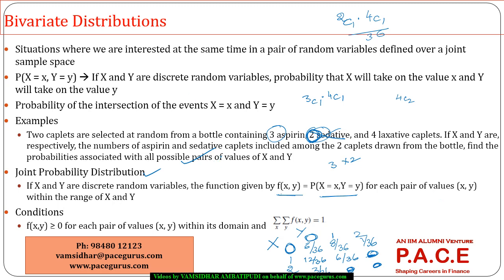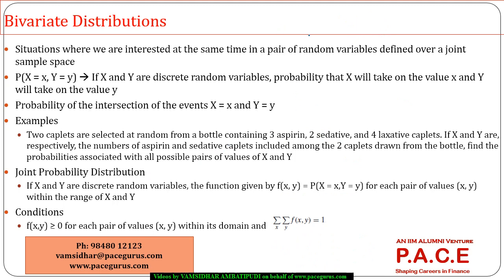You could generalize it here: for this example, x is the number of aspirin, so I can say 3Cx, y is the number of sedatives, so 2Cy, and z is the remaining, so 4C(2 minus x minus y), divided by 9C2, which is 36.